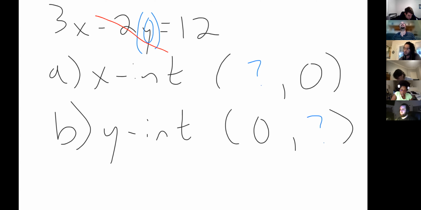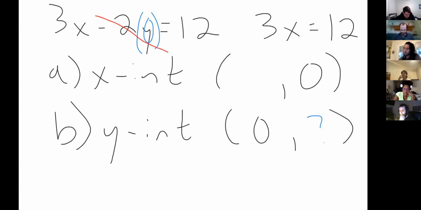Yeah, so if we're plugging in 0 to that Y, we have 2 times 0, so all that stuff is going to be 0, right? And so we end up with something like 3x equals 12. Right, and then I divided the 3. 12 divided by that 3 gives you 4. Sorry, that should give you 4, and that's my X.